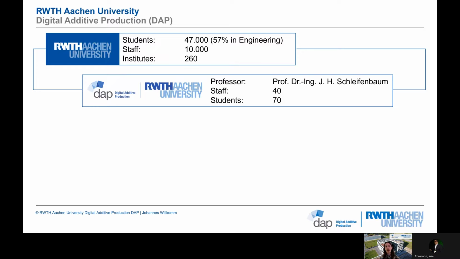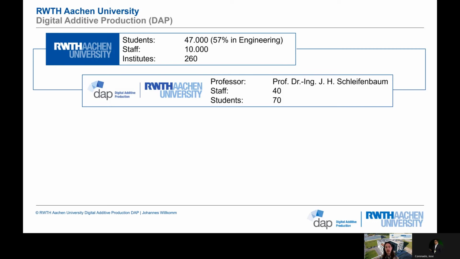Our guiding idea is that we think in digital and physical end-to-end processes, which means for additive manufacturing from the material to the final part. So to sum up, we are doing research on the whole process chain of AM and processes for metal and polymers.